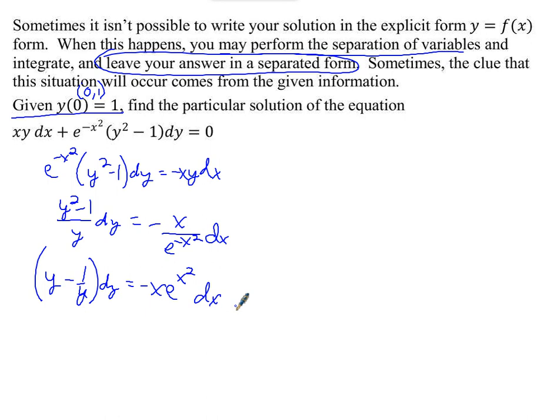Now we can integrate, but before we do, I want to go back and see if we have a trivial solution here. If I plug in 0 for y, what do I get?